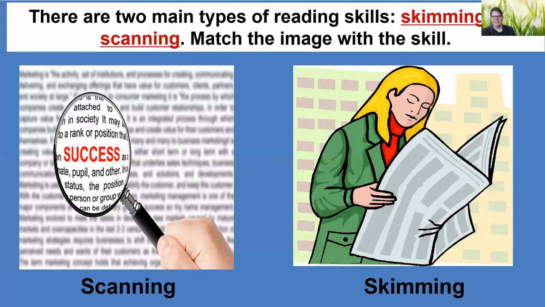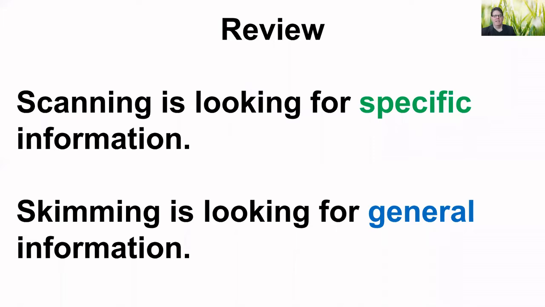Well, scan, like I said, one of the meanings you already know, when you put something on a scanner and it scans it. Scanning is looking for specific information, whereas skimming, you're just looking for general information.